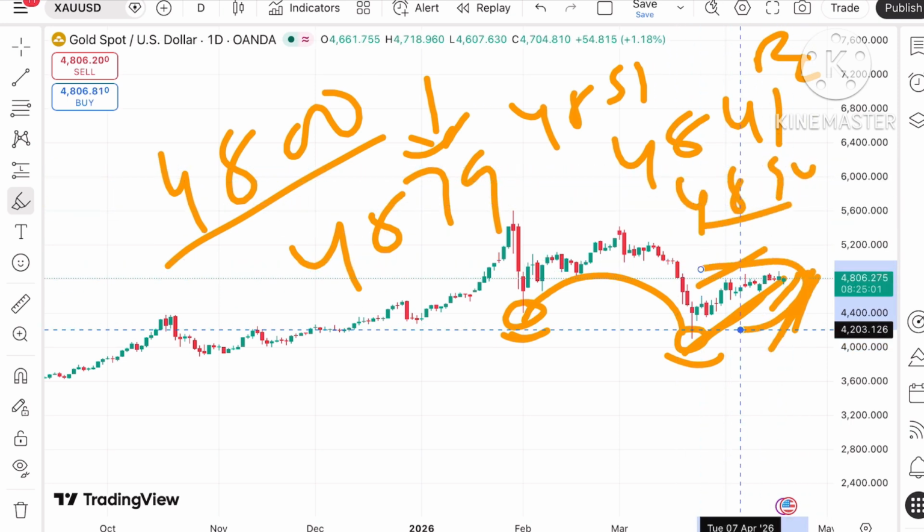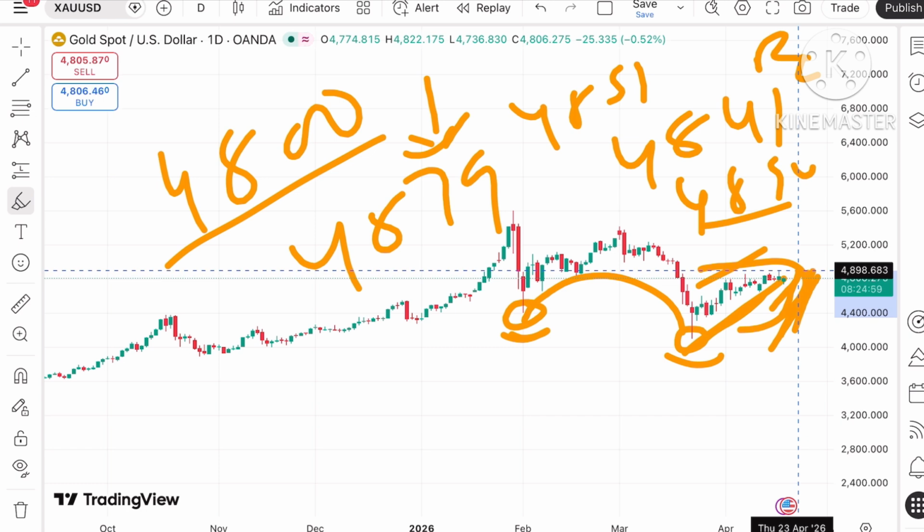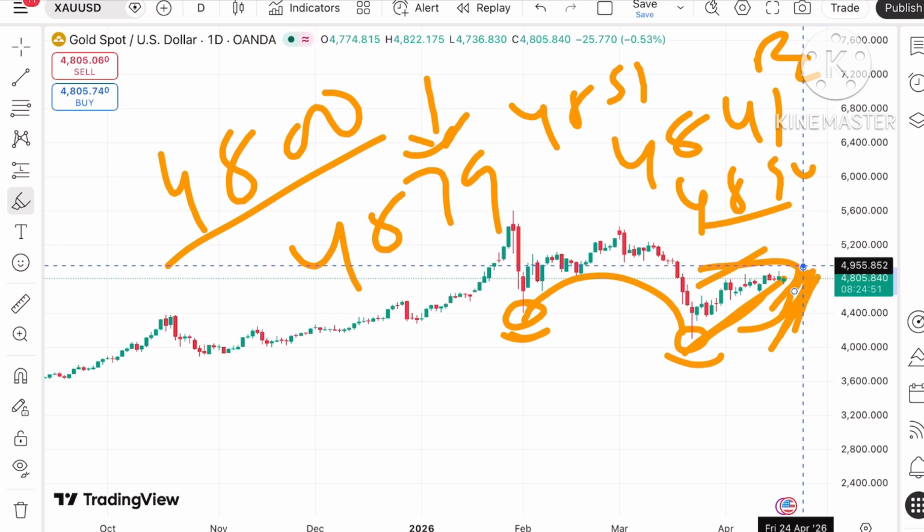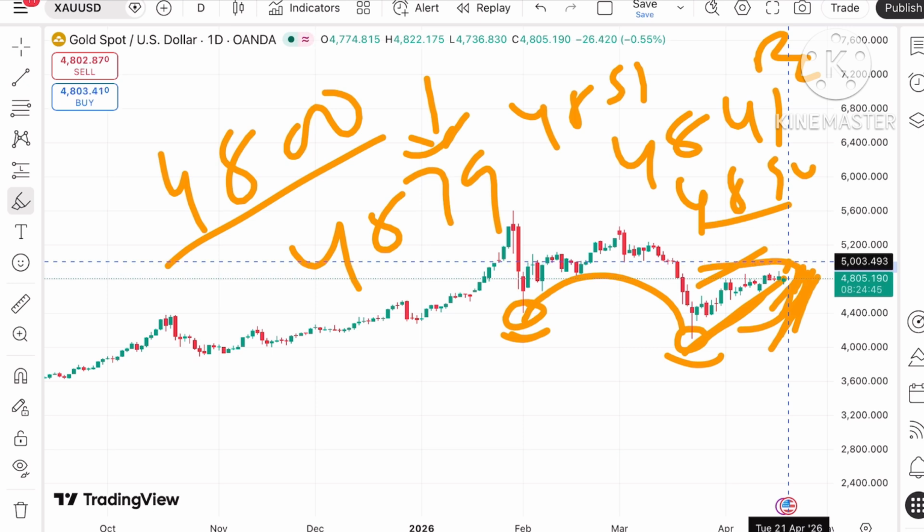Then there will be a zone breakout, so we can see the price go further upside, because all these levels up to 48.90 are already weak, so chances are high the price will go further high, and from there it will move towards 49.55. From there, a further upside can be seen to 49.74, and from there it will move towards 5000. And once the price sustains above 5000, we can see the price move further upside.